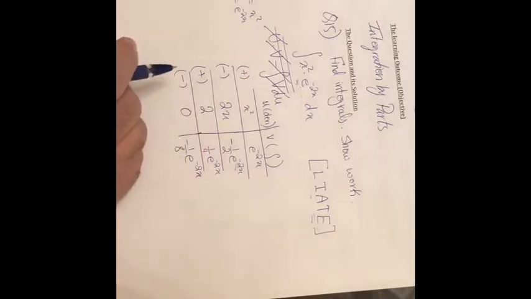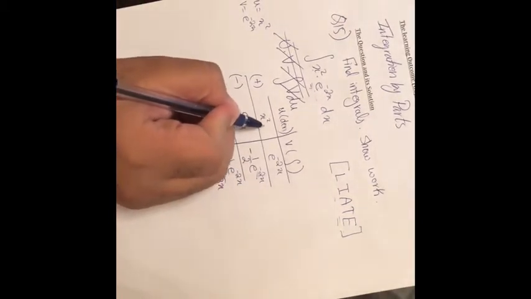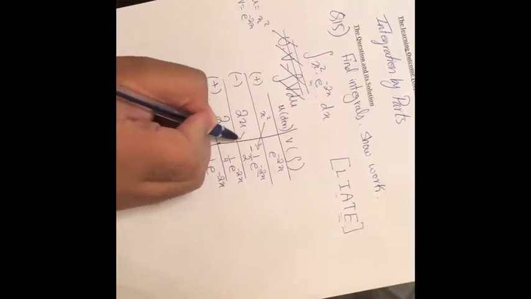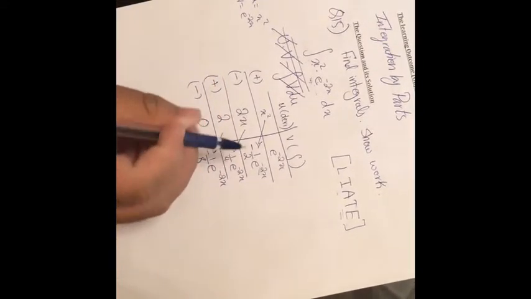And now how to form the final equation of the integration? We simply multiply this by this, this by this, and this by this. Of course, positive, negative, and positive.